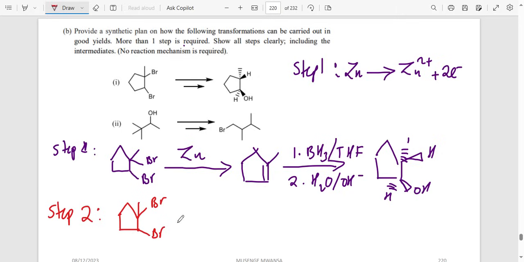What is going to happen is that we are going to get one of the electrons that we have formed from the zinc. Let's say we get this electron. We are going to come at this one carbon and attach that electron at this end.